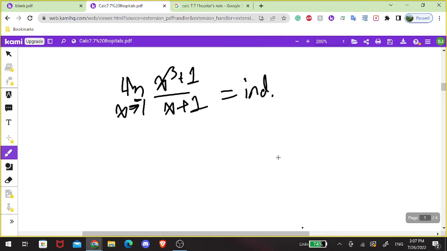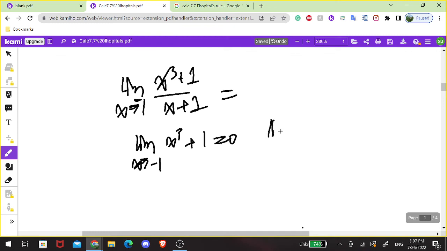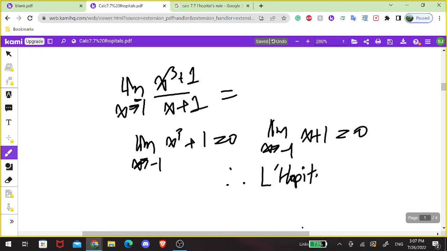Also, you have to write all the work, so let me show all the work for this one because I have room. We have the limit as x approaches negative 1 of x cubed plus 1 is equal to 0. The limit as x approaches negative 1 of x plus 1 is also equal to 0. So that means you put 3 dots in a triangle, which means therefore L'Hopital applies.